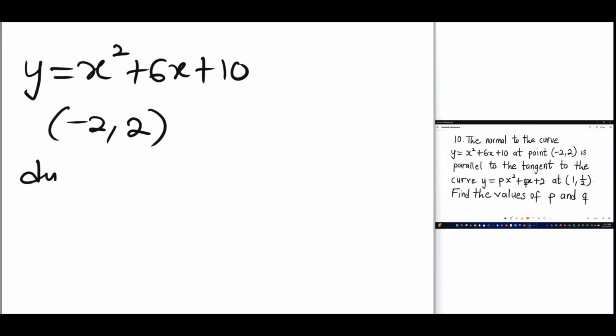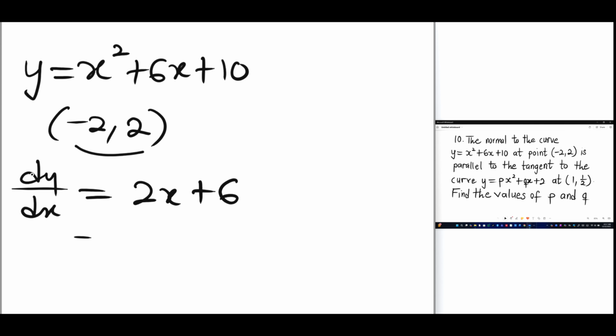We know our gradient function, dy dx, to be equal to 2x plus 6. And we are to find it at the given point. So we pick the x coordinate of the point, and we substitute it into the gradient function.